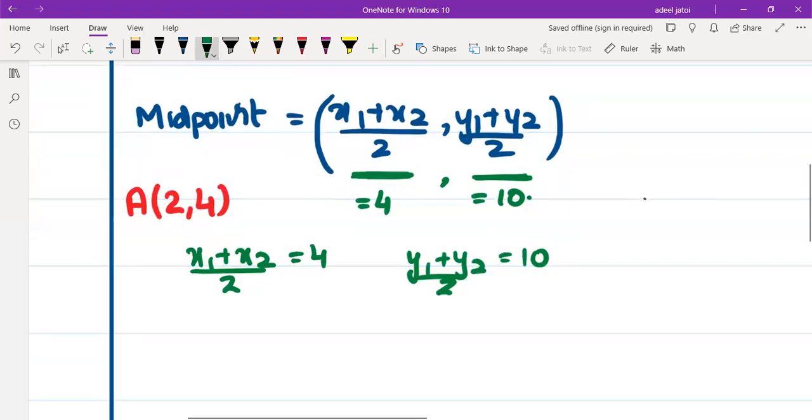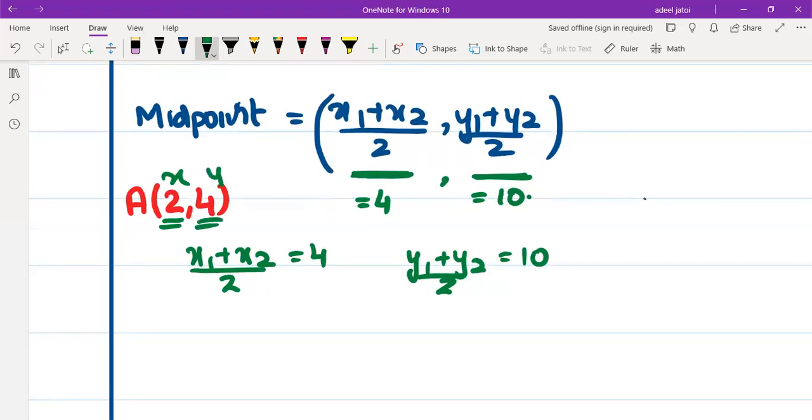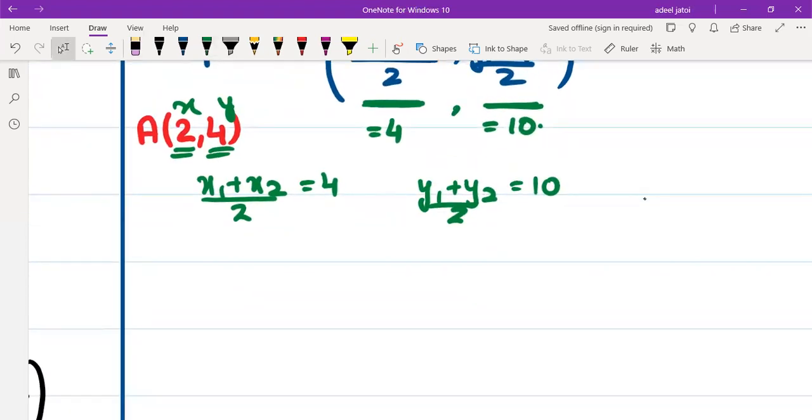With respect to the coordinate we have, we can take this as x and we can take this as y. It can be considered as x1 or x2. If we are taking it as x1, obviously we'll have x2 being calculated. And if we are taking this as y1, y2 will be calculated. So let's just substitute. This 2 can be substituted in place of what?